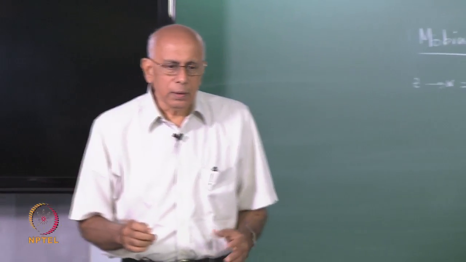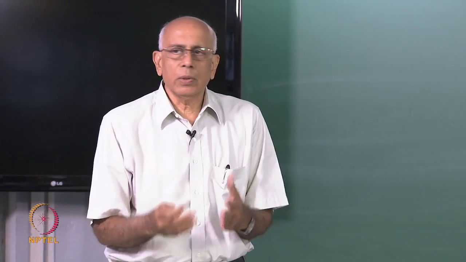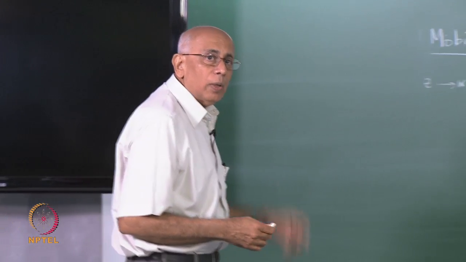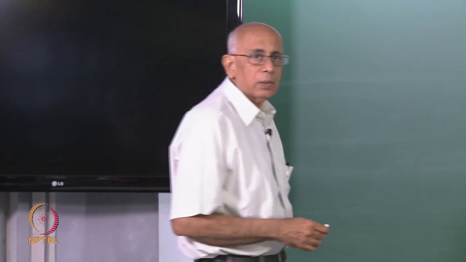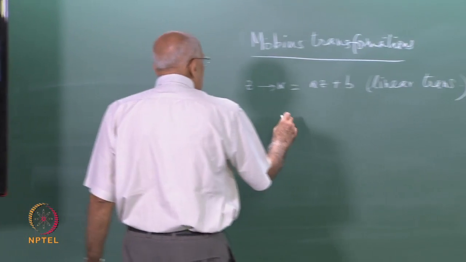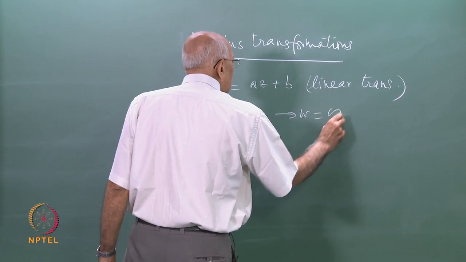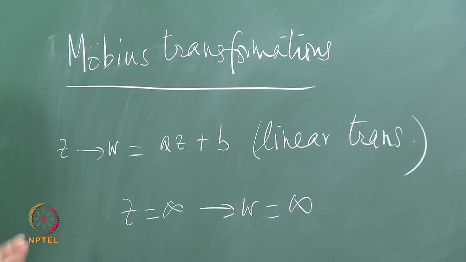But this is not very interesting because we know all its properties immediately, and the other point is that it leaves the point at infinity unchanged. So, Z equal to infinity maps to W equal to infinity in this case.